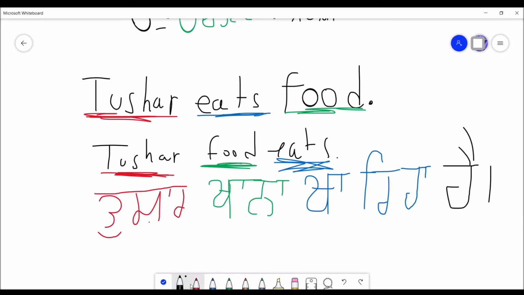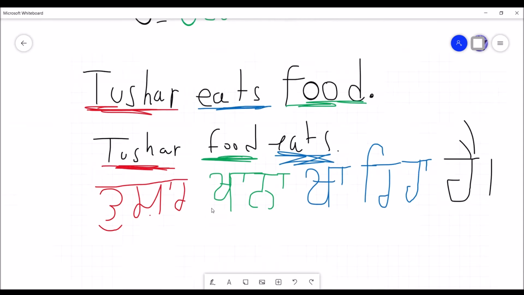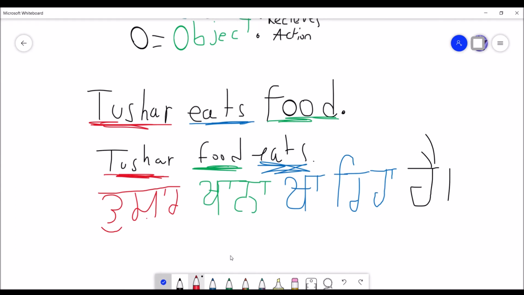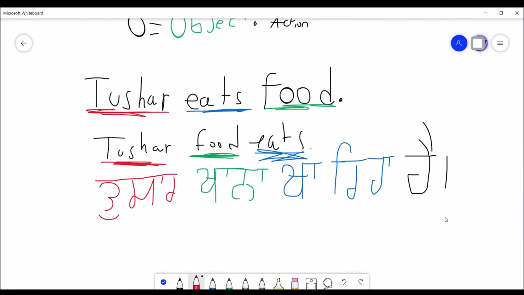And then in Shahmukhi, Tushar, khana, so khana, the word is different.